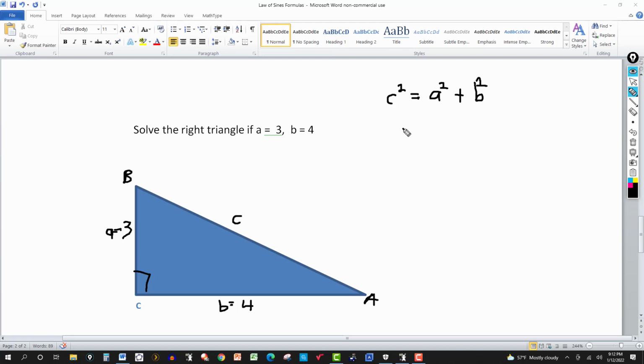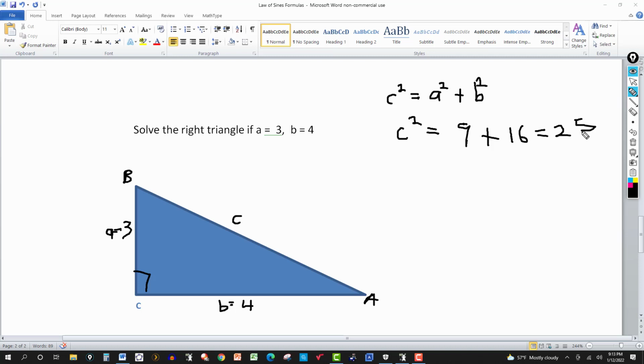So I know then that C squared is equal to the sum of the squares of the other two sides. So that'd be 3 squared is 9, 4 squared is 16. 9 and 16 is 25. So C squared is equal to 25.